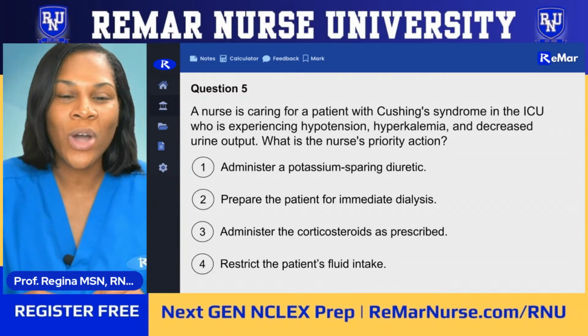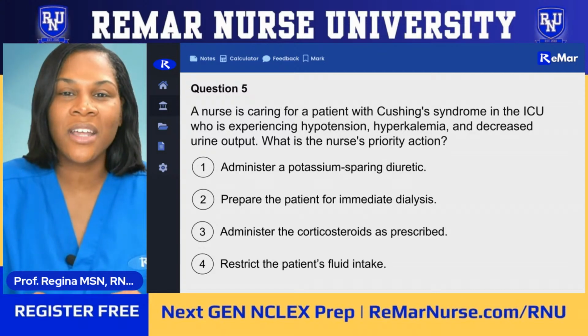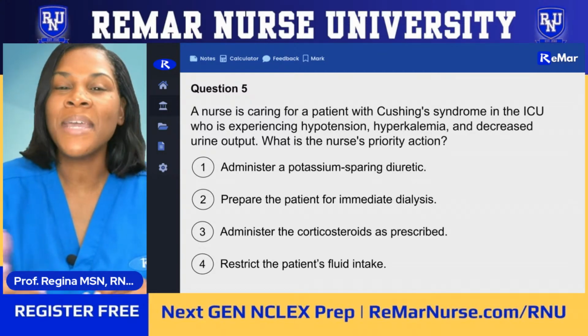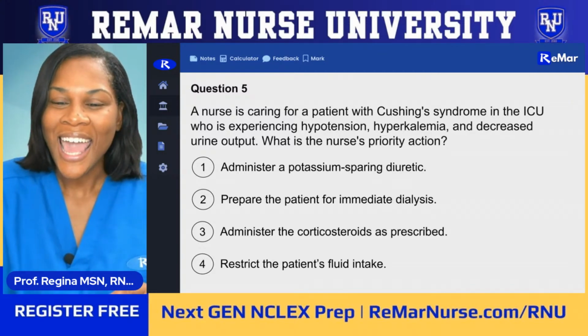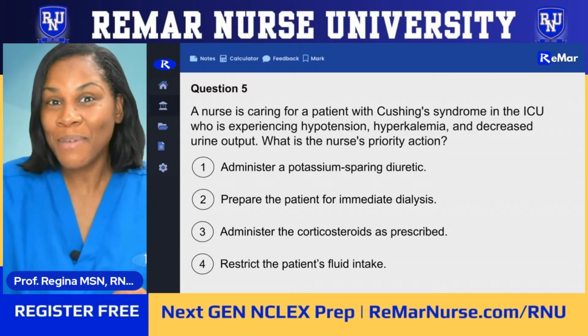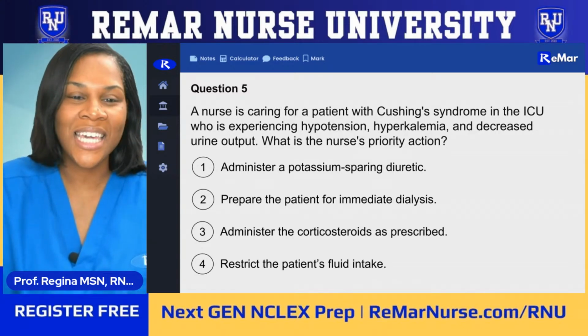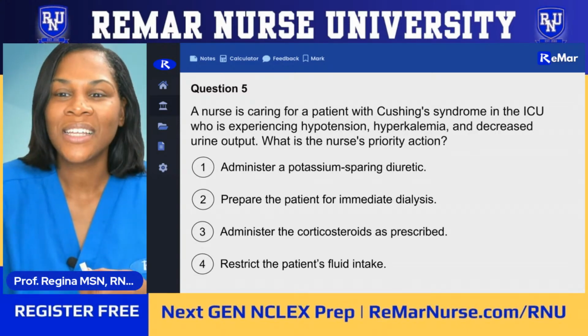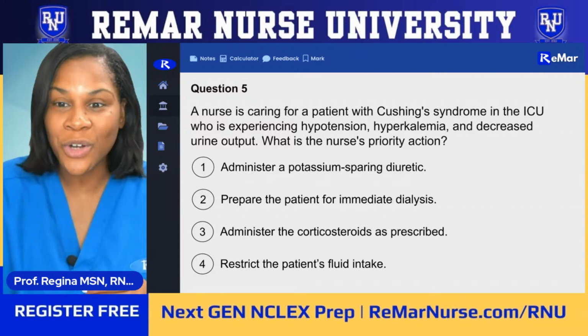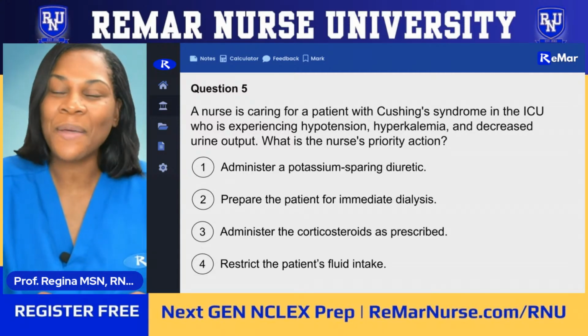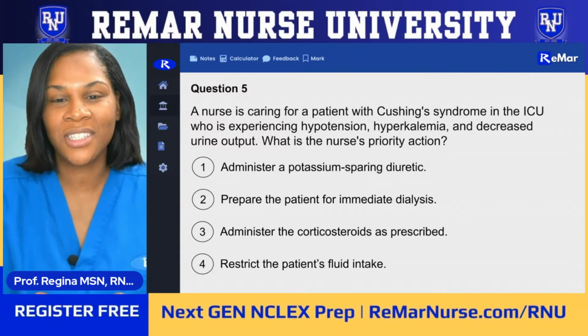The second one, a couple people picked this one. I threw this one in here for immediate dialysis. Dialysis may be needed if the patient can't continue to release their urine or void, but it's not an immediate treatment for Cushing syndrome.